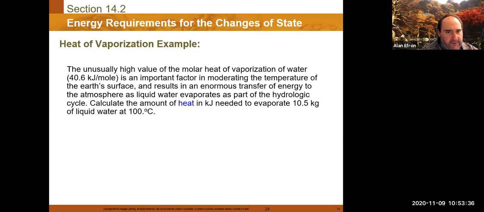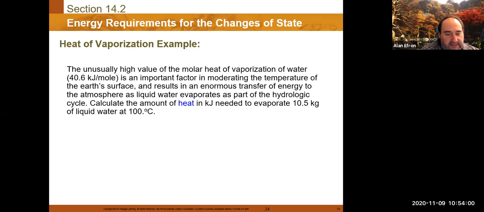The unusually high value for the heat of vaporization for water is an important factor. It's why we talk about, for example, the temperature of water rising, because it does take a lot of heat and energy to make even a little bit of water change its temperature by 1 degree Celsius, and that implies obviously things are warming up.